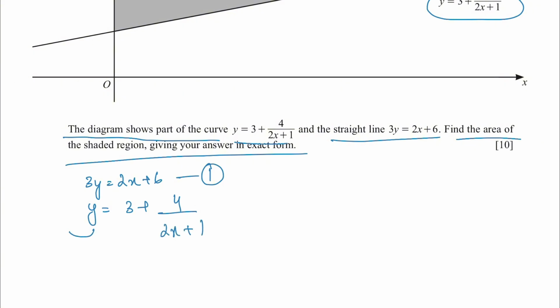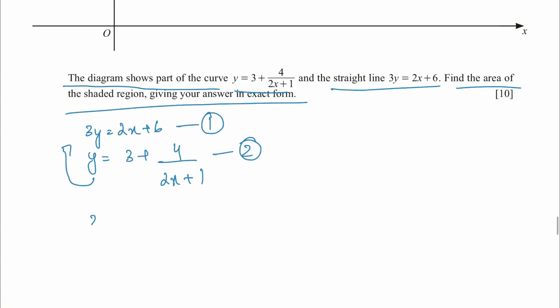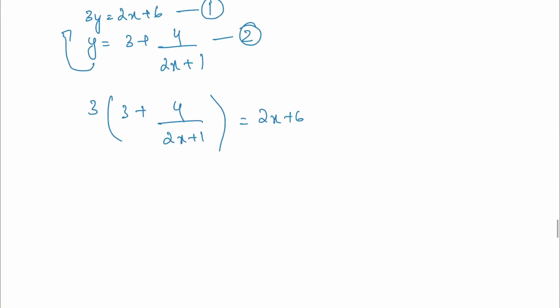Now we substitute equation 2 into equation 1. So this would look like 3 multiplied by (3 plus 4 over (2x plus 1)) equals 2x plus 6. Solving this, we get 9 plus 12 over (2x plus 1) equals 2x plus 6.